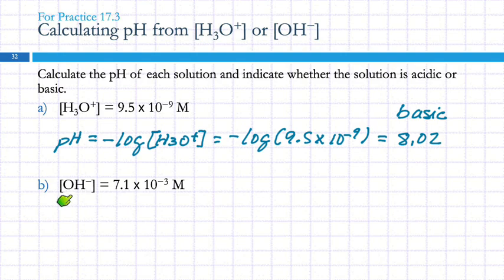Here we're given the hydroxide ion concentration. But we want to find the pH. Well, we can use this to calculate the hydronium ion concentration and then calculate the pH.